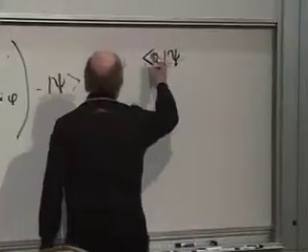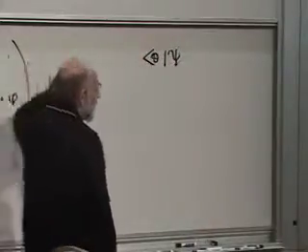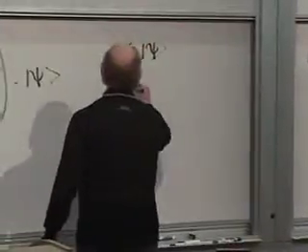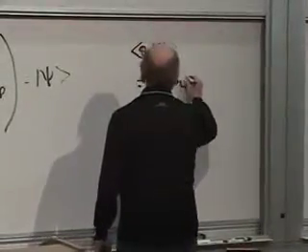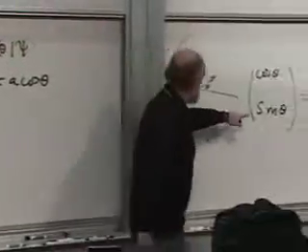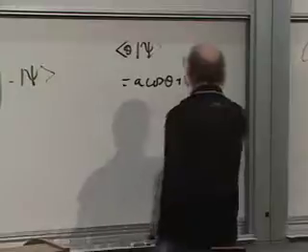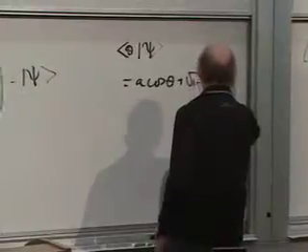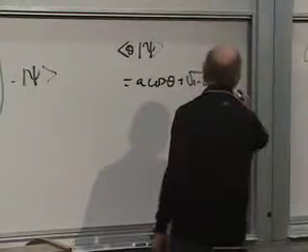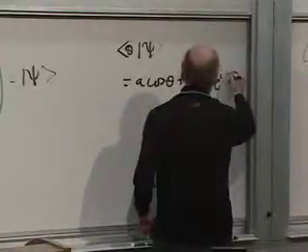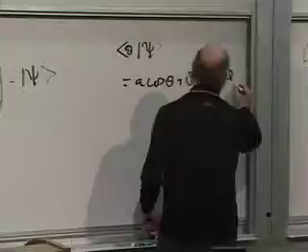Psi with theta, it's A times cosine theta plus square root of 1 minus A squared e to the i phi times sine theta.